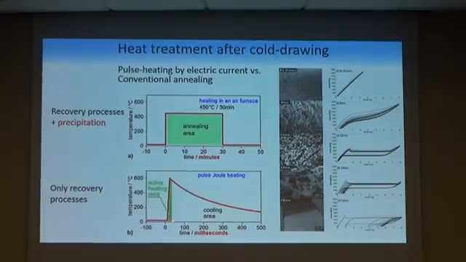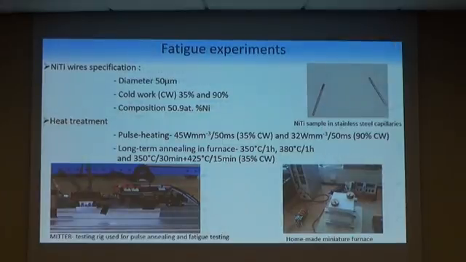It is possible to obtain stable superelastic behavior after milliseconds of annealing by electric current, and only recovery processes without precipitation take place. So we can separate the influence of these very different processes on superelastic behavior. And heat treatment is necessary because cold-worked wires don't exhibit superelastic behavior.